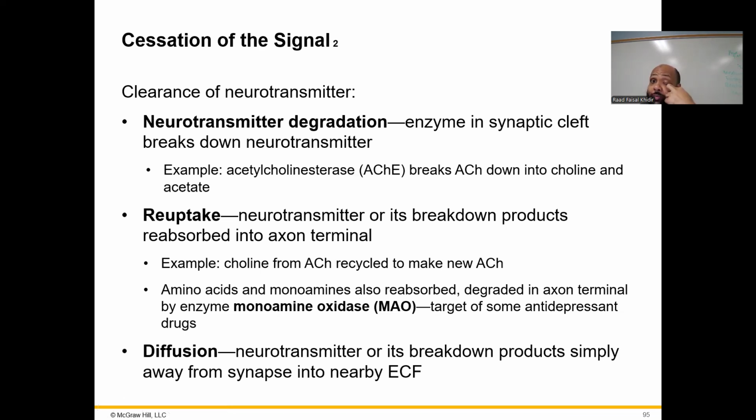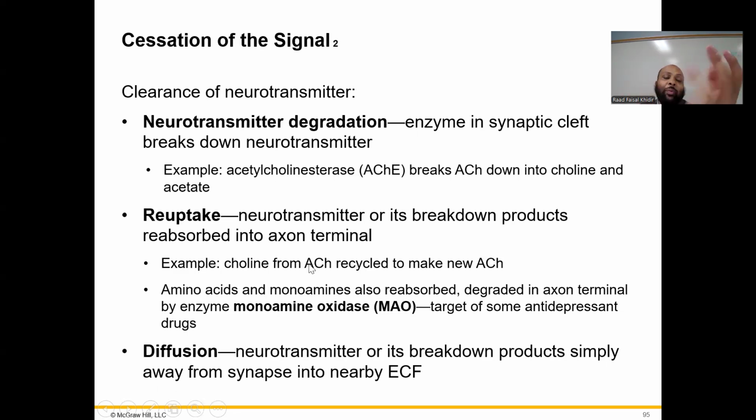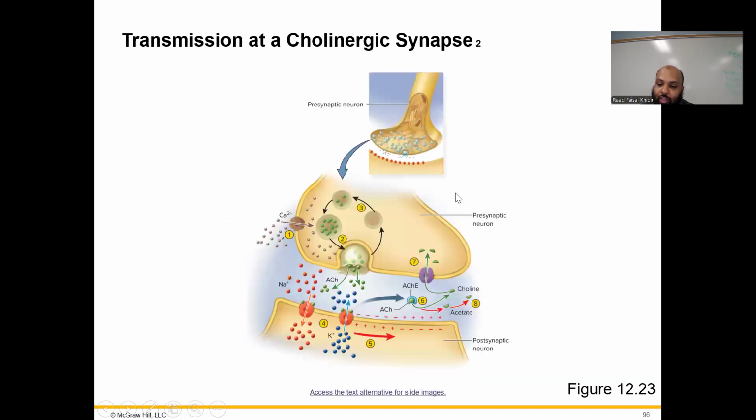They are very important because they prevent these monoamines from being degraded, so they propagate their action. They leave them unbothered, so they keep stimulating postsynaptic monoamine receptors. And we also cause the cessation of the signal by diffusion, where the neurotransmitter or its breakdown products simply move away from the synapse into nearby extracellular fluid.